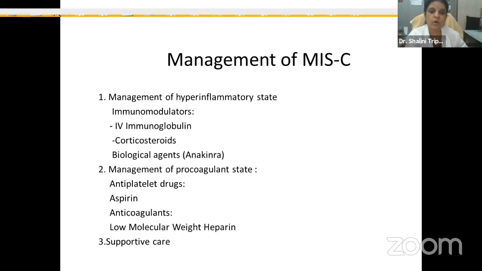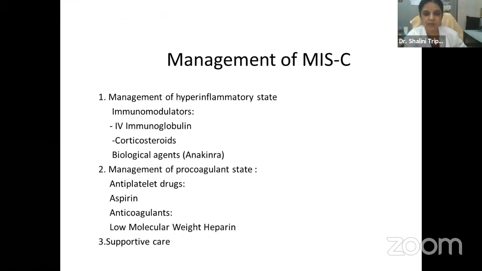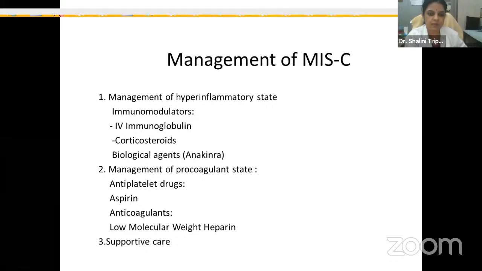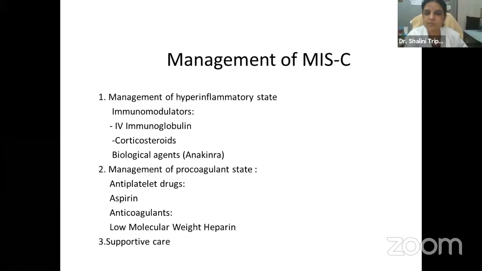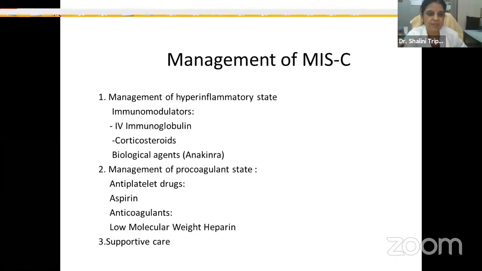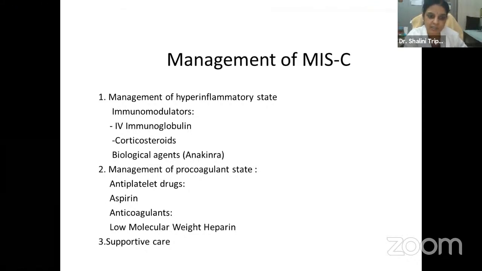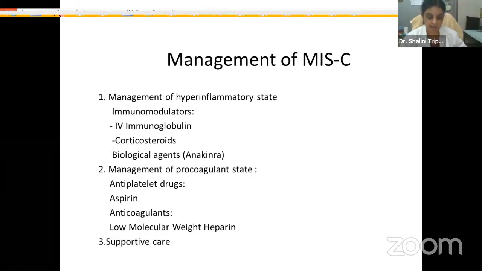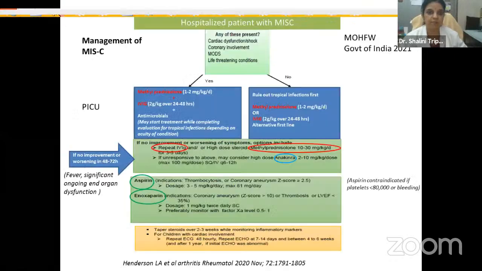Then for the procoagulant state, because there is a propensity for thrombosis and stroke, blood thinners like antiplatelet drugs, aspirin, and anticoagulants like low molecular weight heparin need to be given. And supportive care actually should be at the top. It will make the real difference in the management and the outcome of the patient.